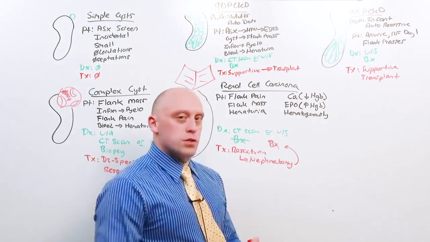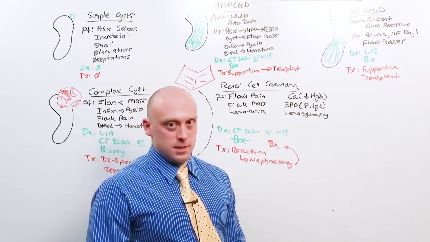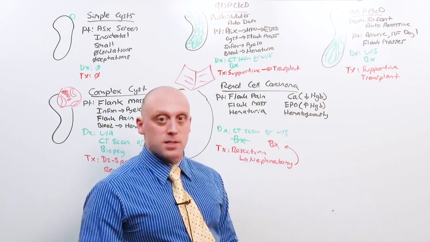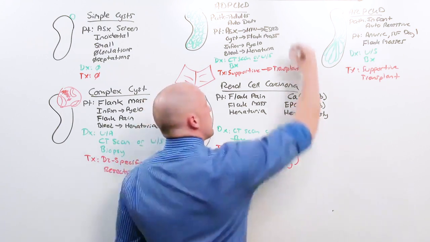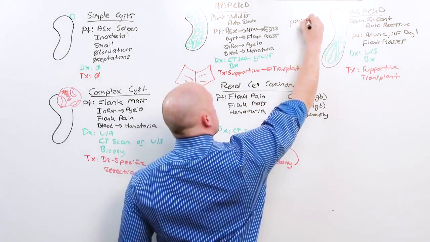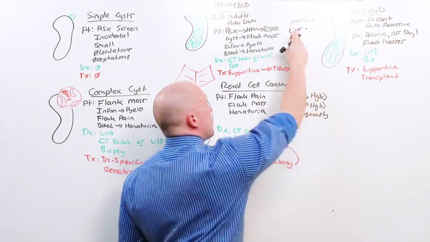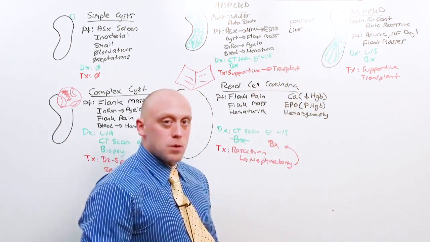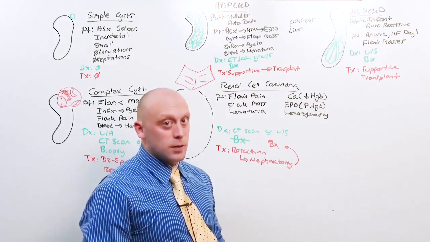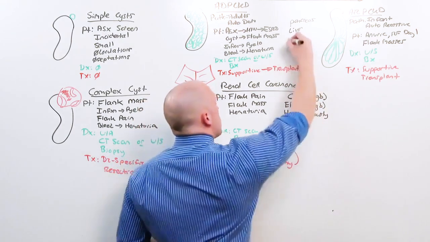But more than just the kidney is affected in this disease. They can have cysts in the pancreas and the liver, leading to pancreatitis, hepatitis, abscesses. But the thing that kills them and family members are the berry aneurysms.